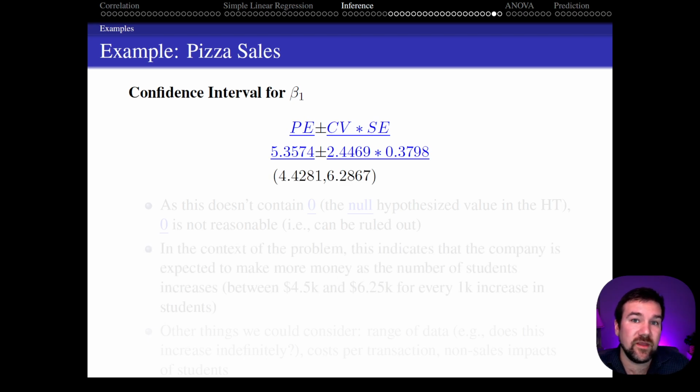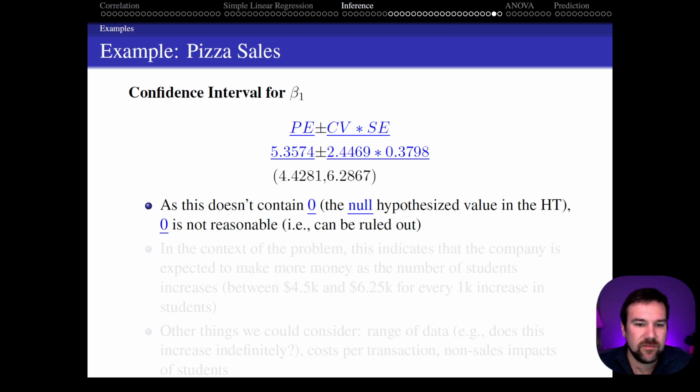More interesting to me than is it 0, after finding out there's evidence that it's not 0, is, well, what's the reasonable range? Where could I reasonably expect this to be? And looking at this, it looks like for every 1,000 students, I expect between $4,000 and $6,000 in additional sales.